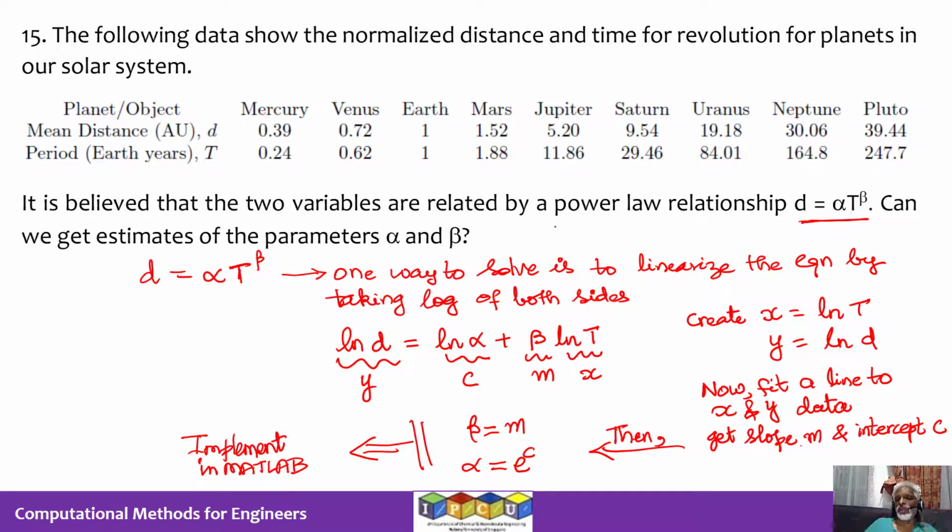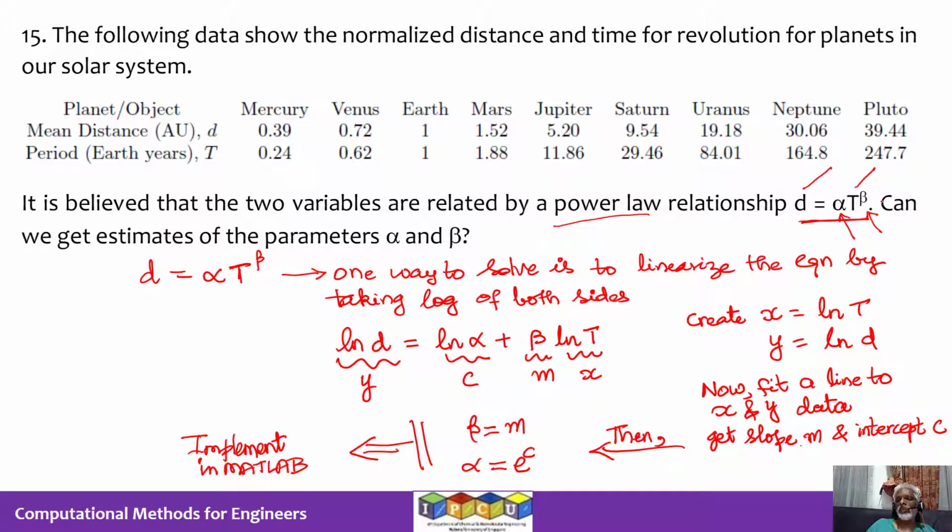This model is called a power law model, or this relationship is called the power law relationship. Power law relationships are very common in engineering, particularly in chemical engineering, and in other fields like social networks, economics, biology, and fields like that. So here, d and t are the variables, and the scientists have proposed a model which contains two parameters, alpha and beta.